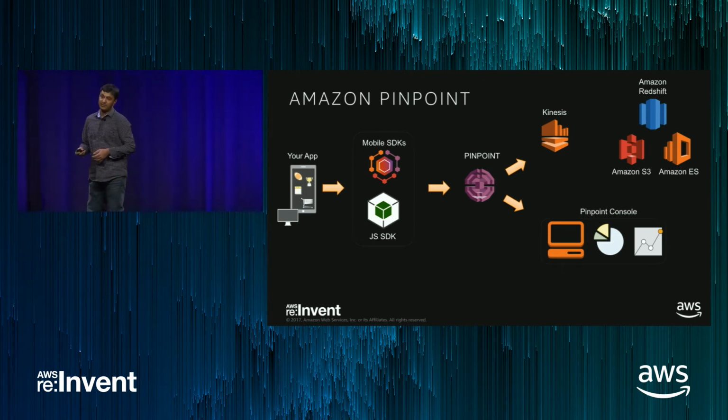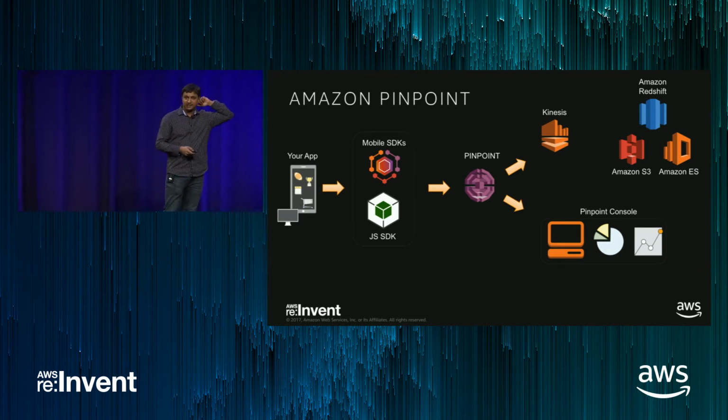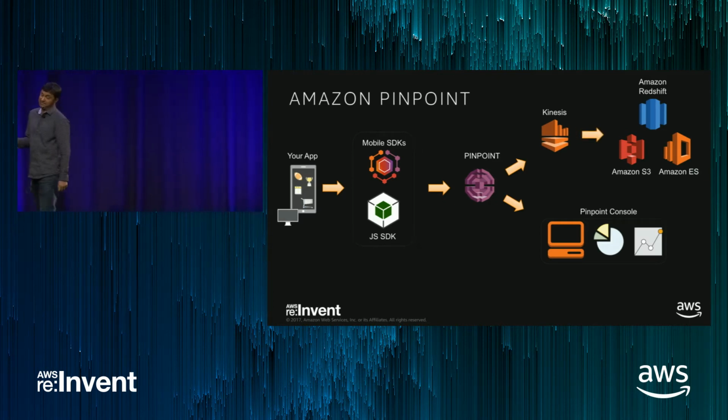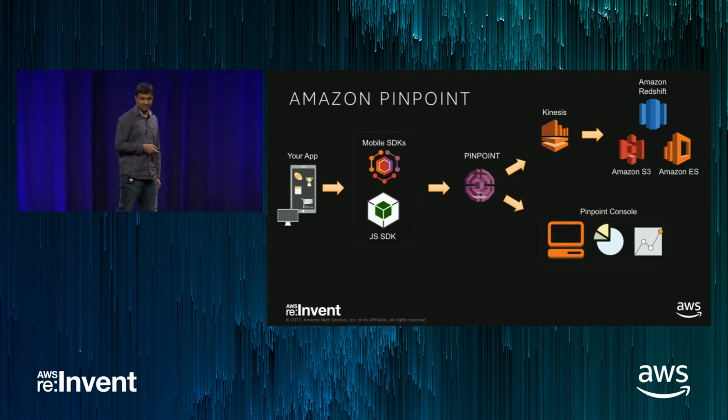Pinpoint lets you do that automatically. You just set it up once and forget it. And then it's up to you what you do with the data on Kinesis. You could use Kinesis streams to perform real-time analysis. We'll discuss that briefly later. You can also send it to destinations like Redshift, S3, or Elasticsearch, where you can then perform ad hoc analysis or deep dives.